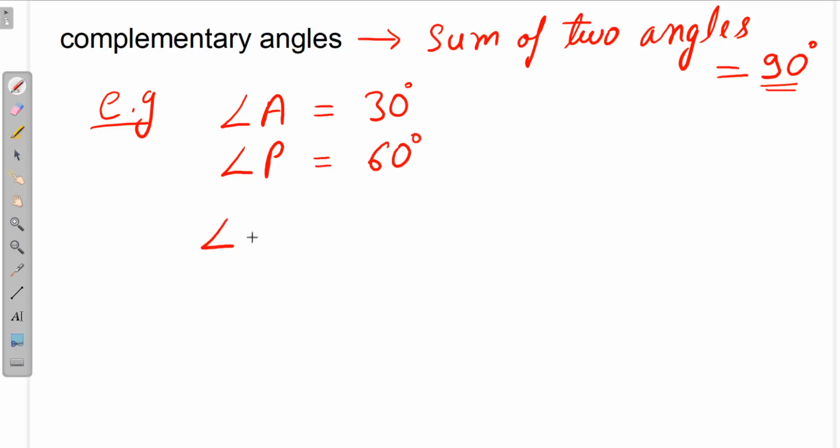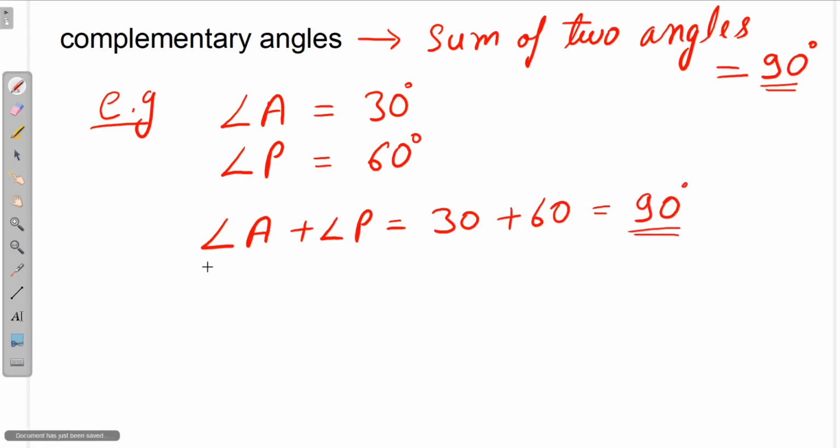So the sum of angles, angle A plus angle P, when we add these two, substitute the values 30 plus 60, it becomes 90 degrees. So the answer is 90 degrees. Therefore angle A and angle P are complement to each other. So angle A and angle P are complementary angles.